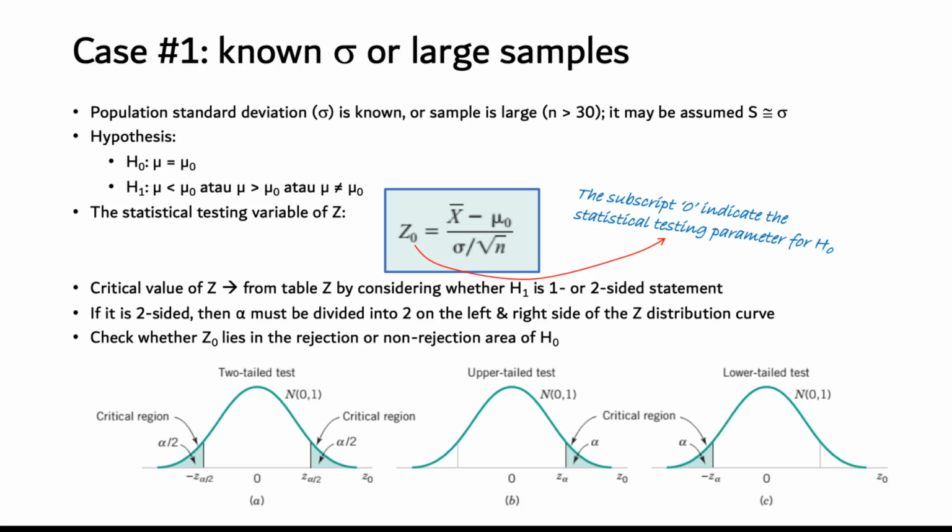Because X-bar has an approximate normal distribution with mean mu0 and standard deviation sigma divided by square root of n, the test statistic Z0 can be calculated as follows. Please note that the subscript 0 indicates the statistical testing parameters for the null hypothesis.